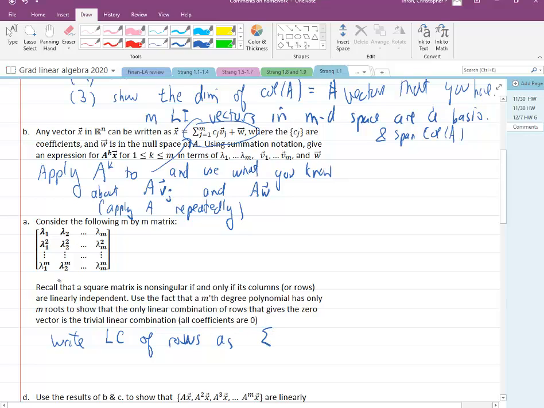Now, how many rows are there? There are m rows, so this is going to be, I'll use j, 1 to m, of cj rj, where rj is the jth row.